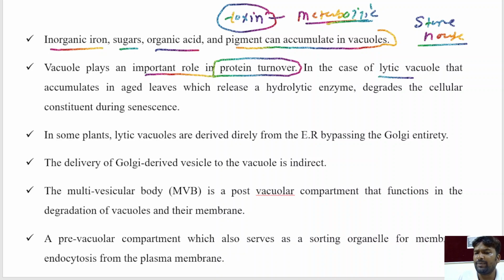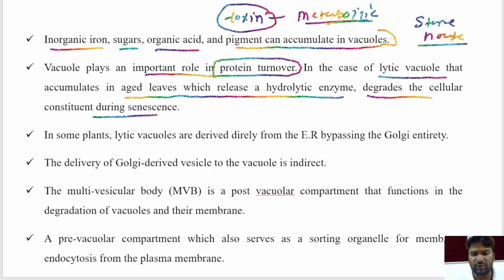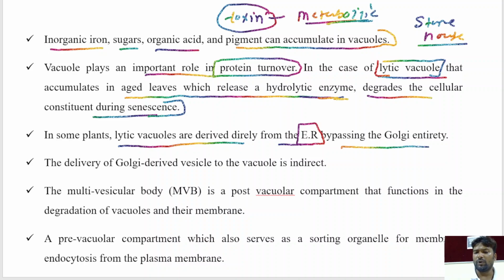In the case of lytic vacuoles that accumulate in aged leaves, they release hydrolytic enzymes which degrade the cellular constituents during senescence. So during the senescence process, the lytic vacuoles are activated and hydrolyze the carbohydrates and other macromolecules, which causes senescence. In some plants, lytic vacuoles are derived directly from the endoplasmic reticulum, bypassing the Golgi body.